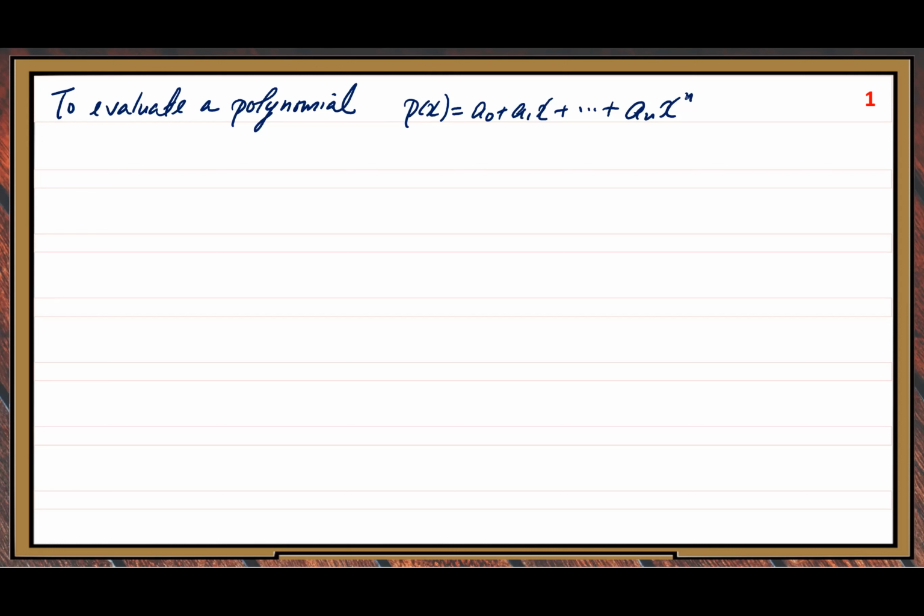So let's look at what data we need. First, coefficients of the polynomial. Coefficients. So that is the array, this array.